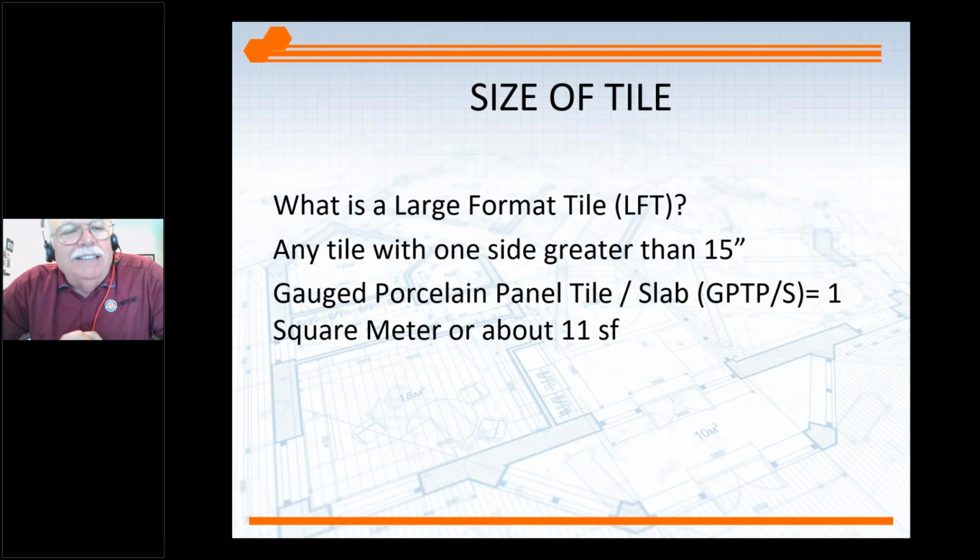Most everything these days seems to be 12 by 24s or 24 by 48, some size like that. So size is getting much larger these days. I think they say like 75, 80% of all tile is a large format tile, which is any tile with one side greater than 15 inches.